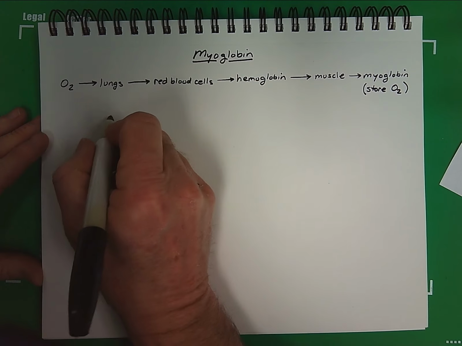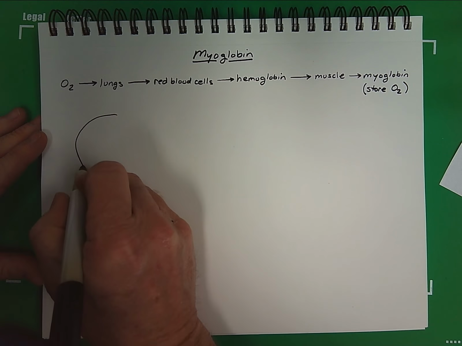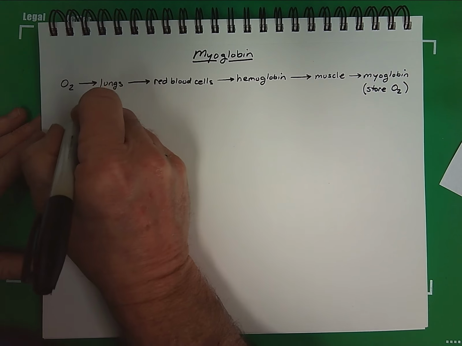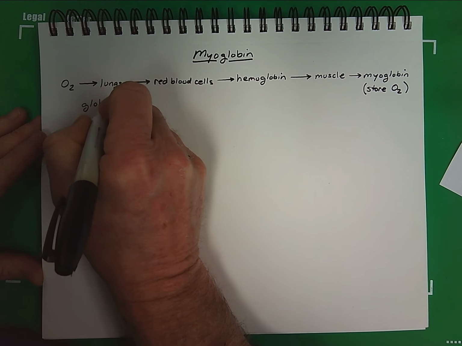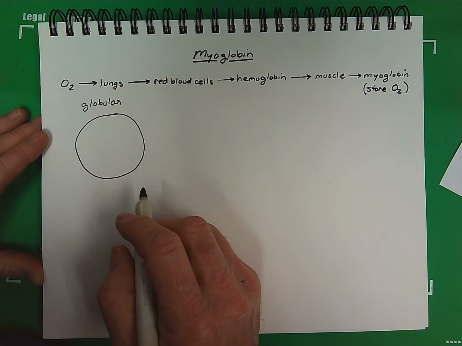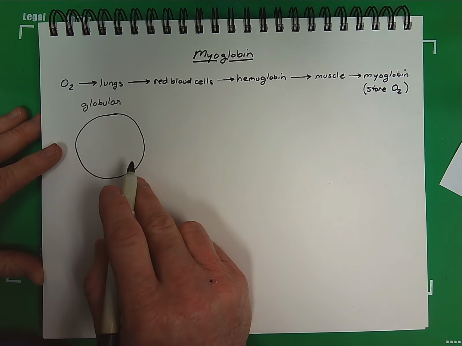Myoglobin is a single polypeptide. It is a globular structure, which means that it has a lot of alpha helices that fold back on itself.